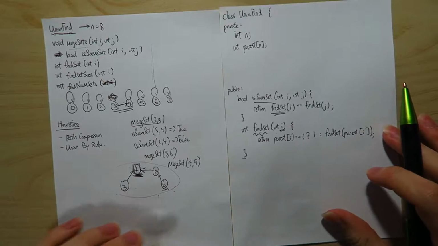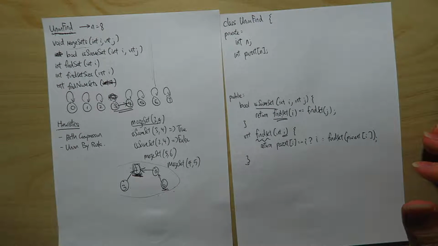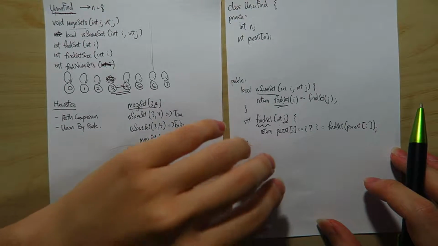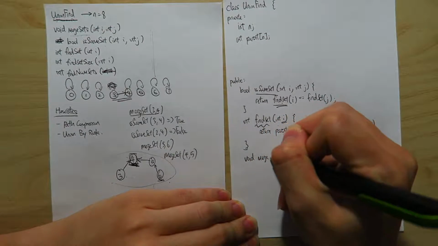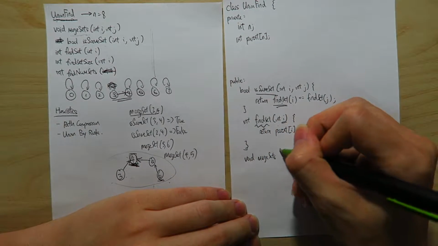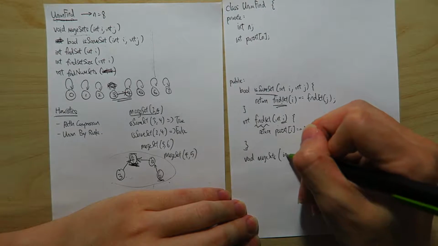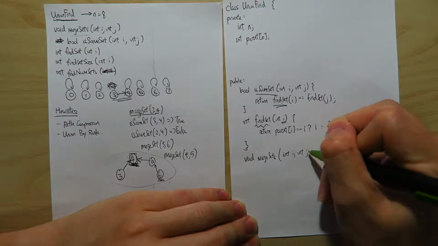Cool. So the next thing that we want to talk about is this thing called merge sets, right? So void merge sets, int i, int j, right?